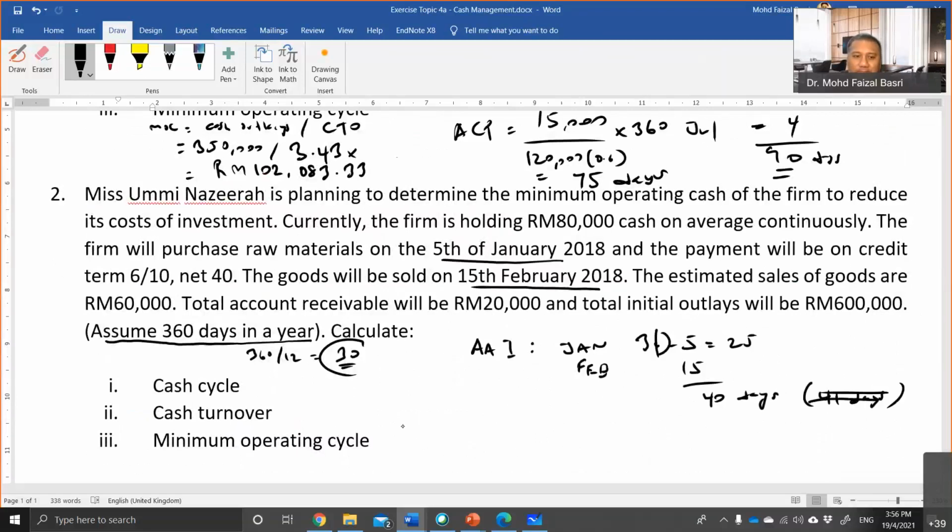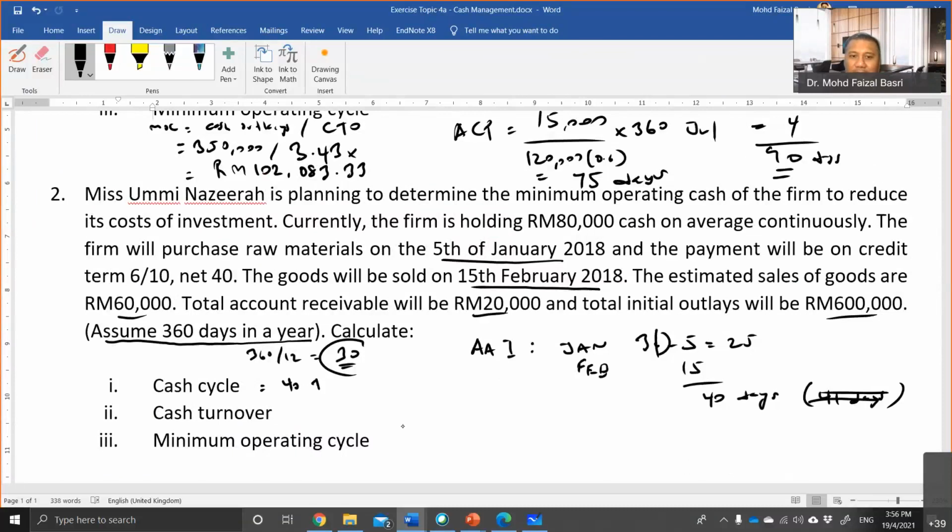so that's how we get AAI of 40 days. So cash cycle is 40 days plus the ACP. For this question, the estimated sales of goods are 60,000, and then the other account receivable is 20,000, and outlay is 600,000.